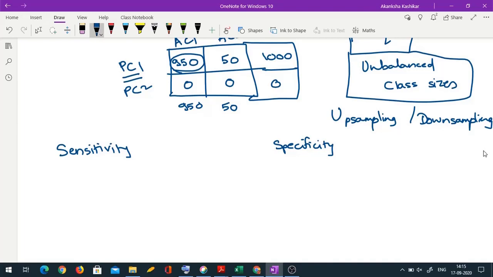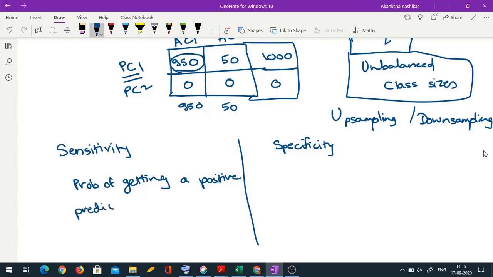So basically sensitivity is the probability of getting a positive prediction when it is actually positive, in a positive class or a positive observation.